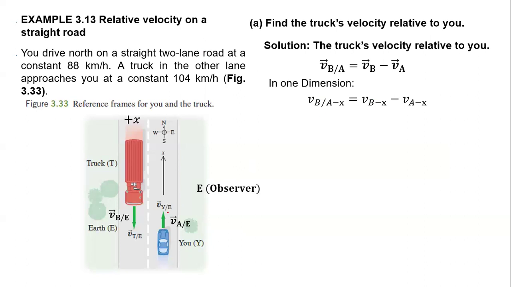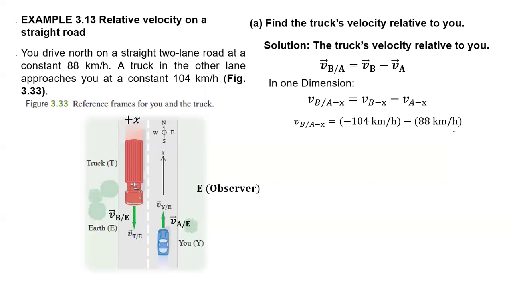So the velocity of the truck relative to A along X is just the velocity of B minus the velocity of A. Since the truck is moving in the negative x direction, VB is negative 104 kilometers per hour, minus 88 kilometers per hour.